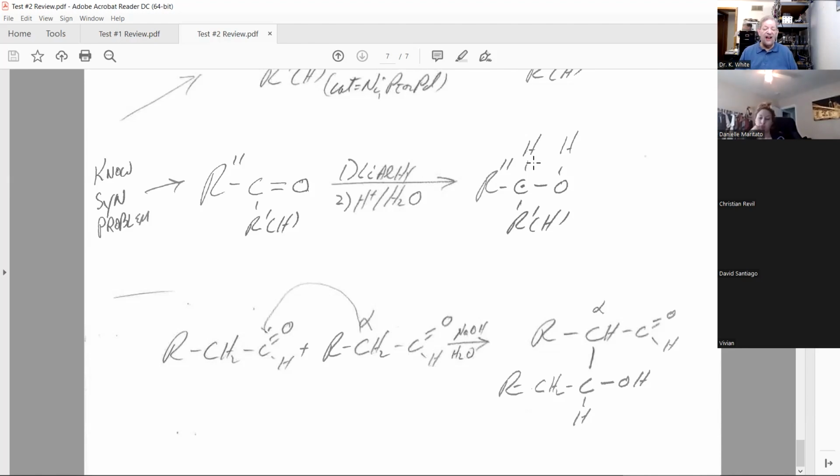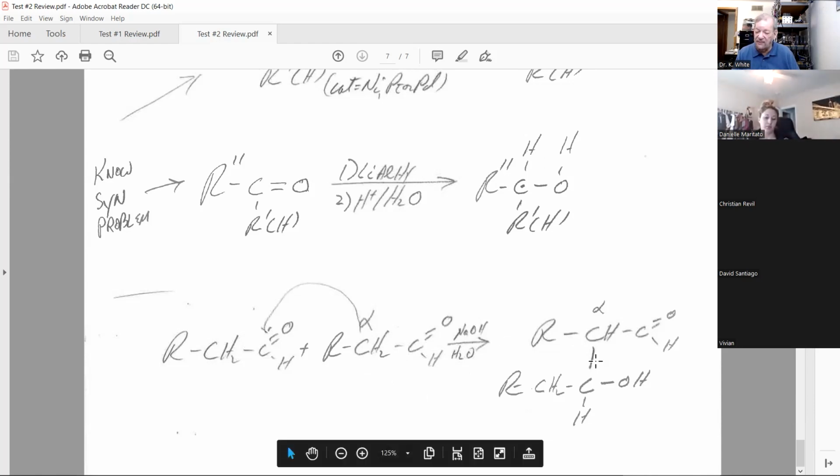As we look at the last reaction, remember the alpha carbon, the carbon bonded to the carbonyl carbon, has acidic protons. I can pull that off and form an enolate anion, which attacks the other carbonyl carbon, the second aldehyde, and forms a carbon-carbon single bond, opening that second carbonyl to an alcohol.